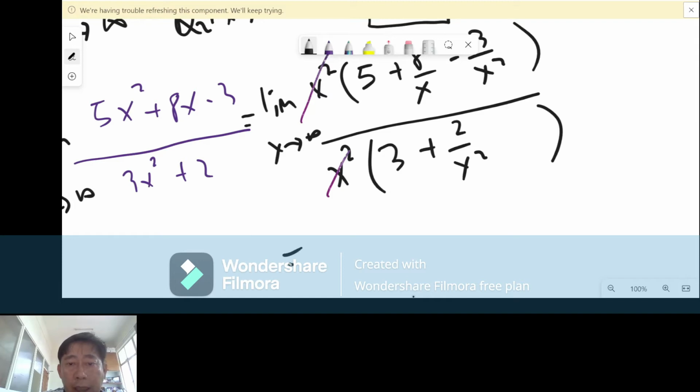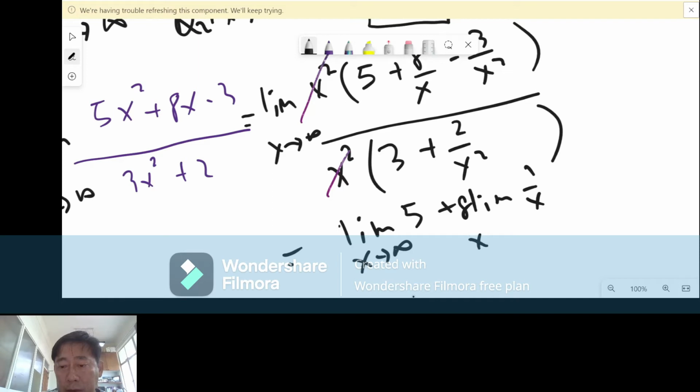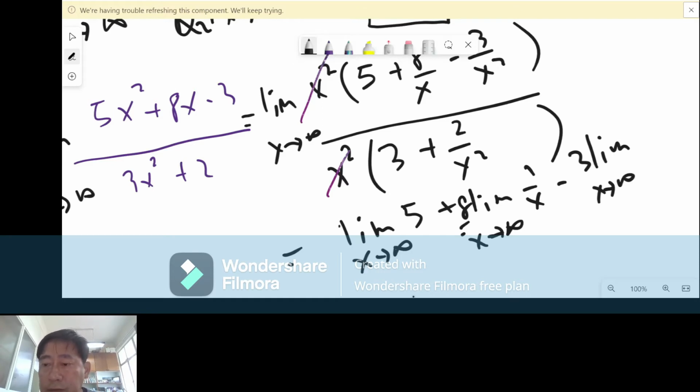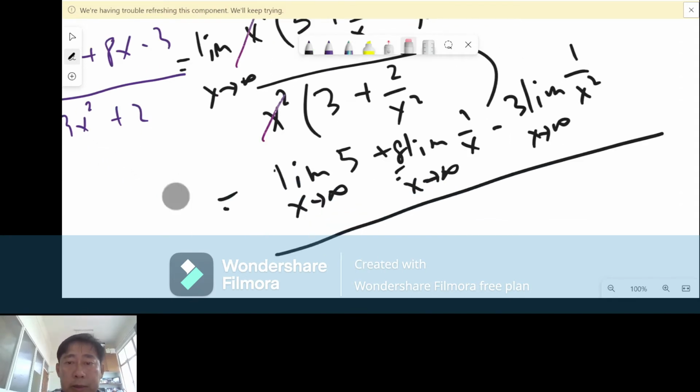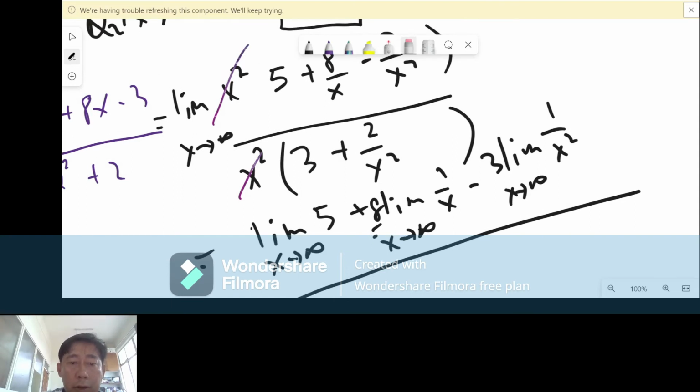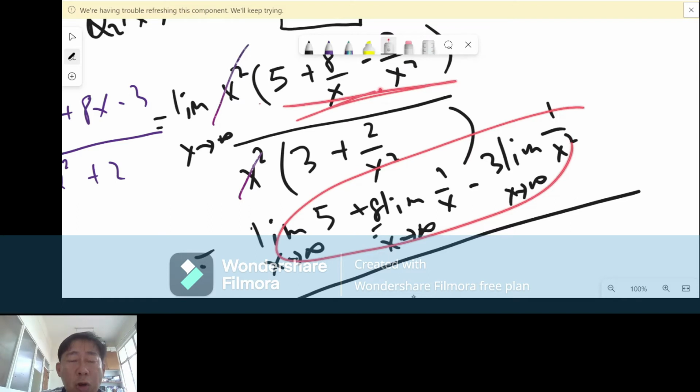So here I have a limit of x tends towards infinity for the case of 5, and I have the limit of 1 over x when x tends towards infinity with a constant 8 pulled out, minus 3 times the limit when x goes to infinity for the function of 1 over x squared. This is the expression for the limit that involves the numerator function.